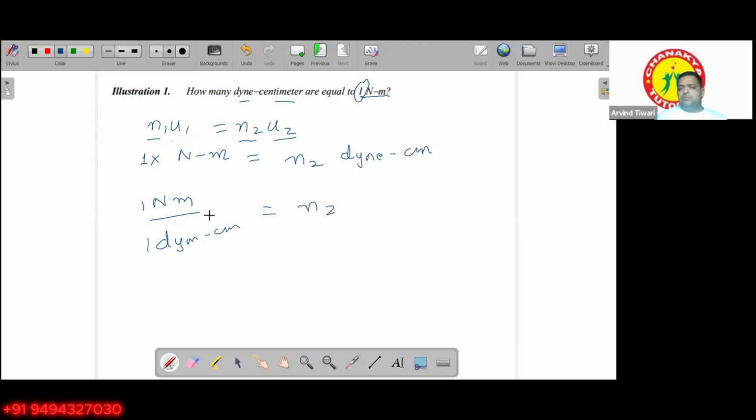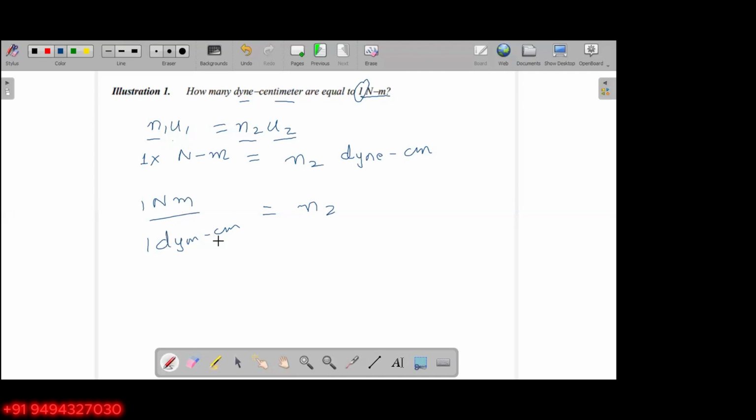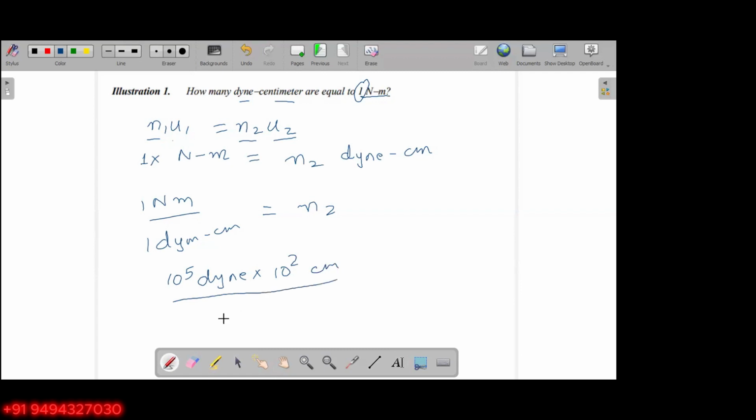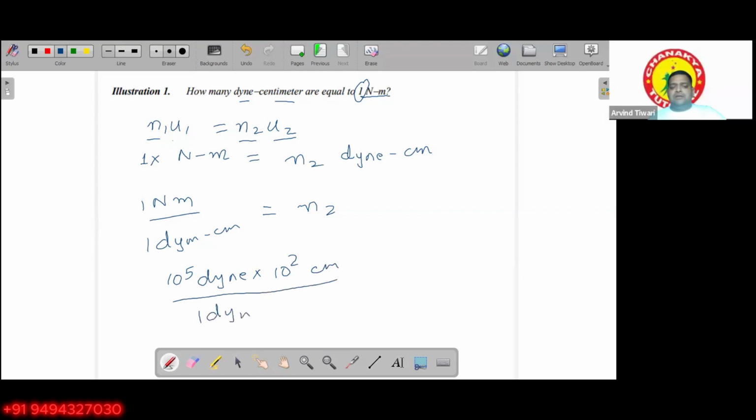Now I want both of these to cancel each other so that finally your answer will be just a number. So either you convert Newton to dyne and meter to centimeter, or dyne to Newton and centimeter to meter. Both ways you will get the correct answer. As we know, 1 Newton is equal to 10 to the power 5 dyne, multiplied by 1 meter is equal to 10 to the power 2 centimeter, and you have in the denominator 1 dyne centimeter.